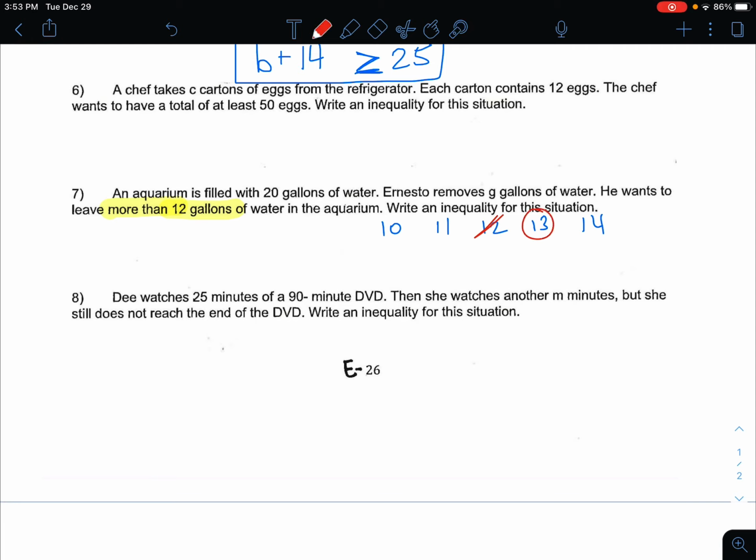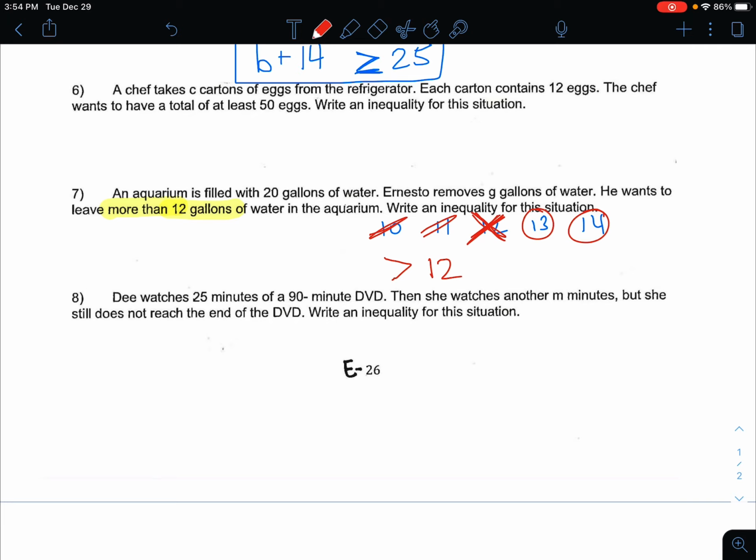Yes, it is. But 11 isn't more, and 10 isn't more. So this 12 is our key number. We want to put that in our answer. And remember, it's going to point to the 13. It does not include the 12, so we are not going to put that line underneath it. It's just going to be greater than.